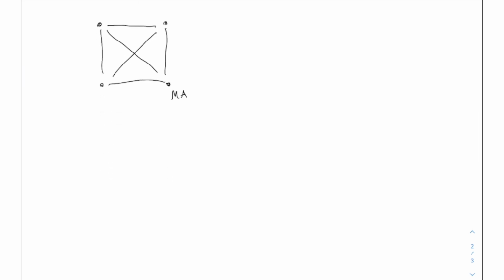Maybe I'll just write the states this time. So I'm going to put Connecticut here, Massachusetts up there, Pennsylvania over there, and New Jersey over there. All right. So this was my graph from before. I am just drawing it in a more simple graph here.